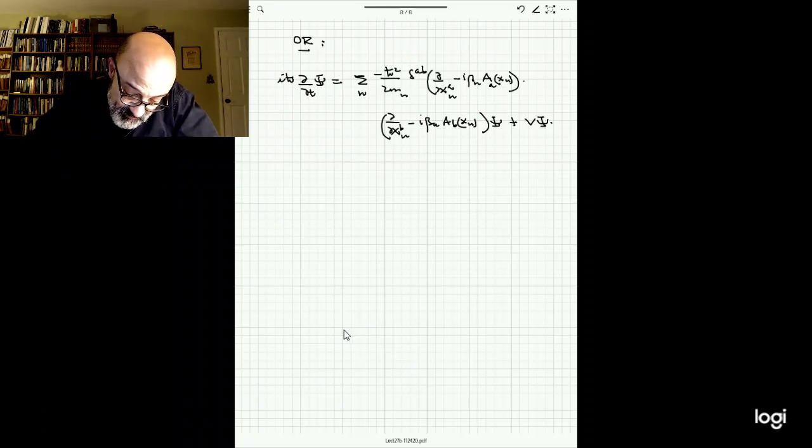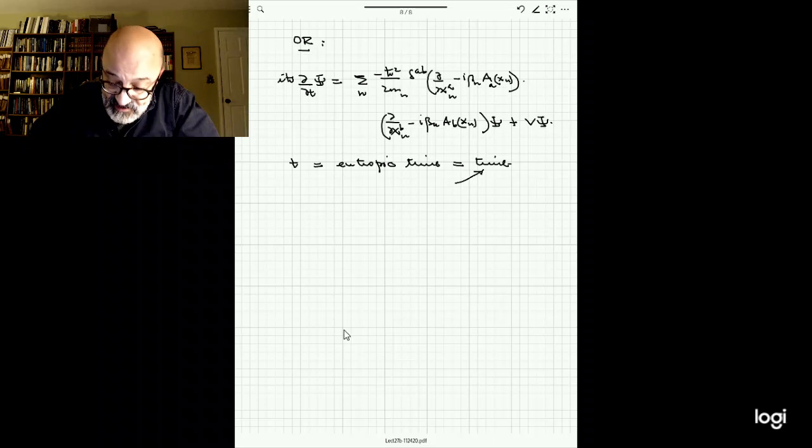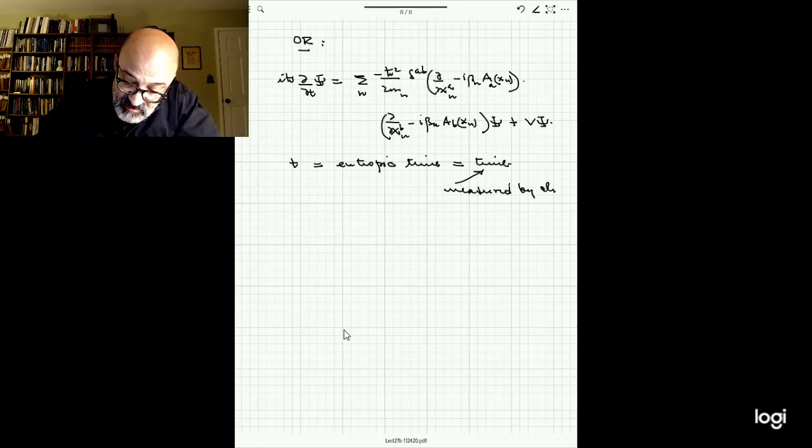T, which is introduced as this trick to keep track of the accumulation of changes, is the same as time, the object that is measured by clocks.